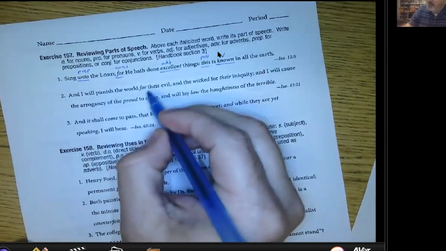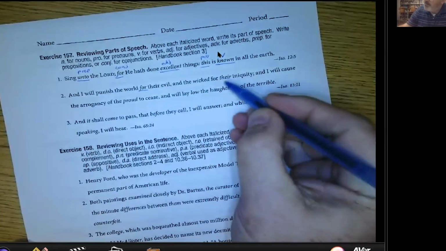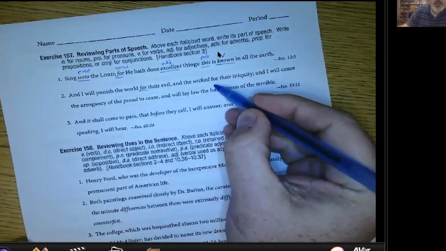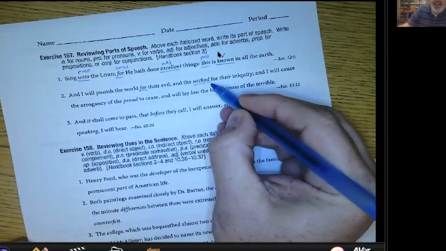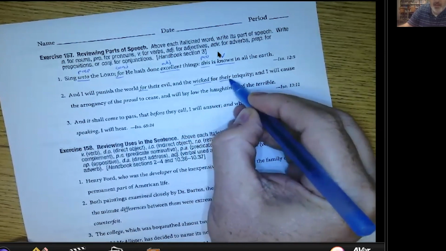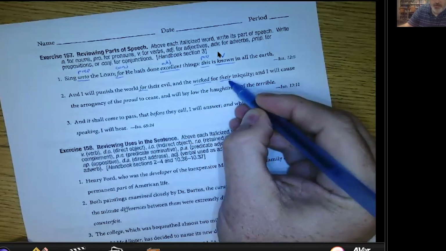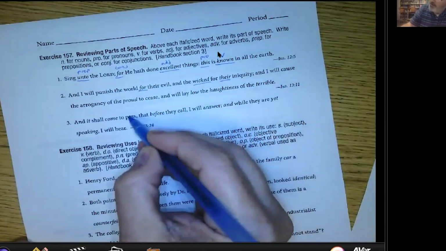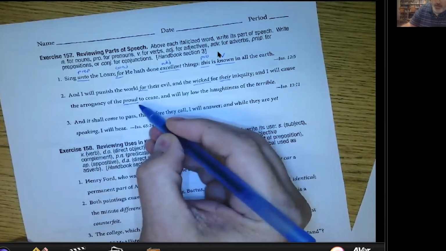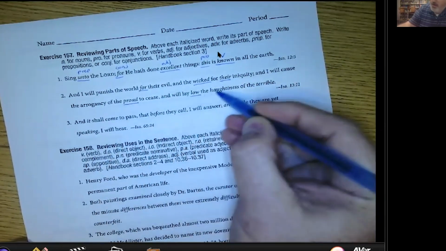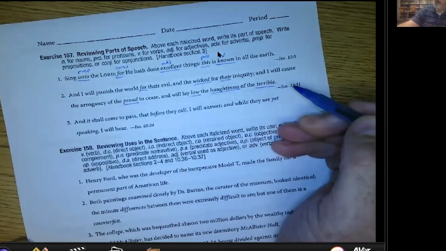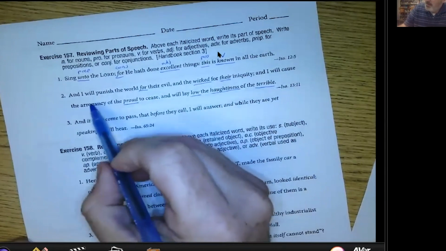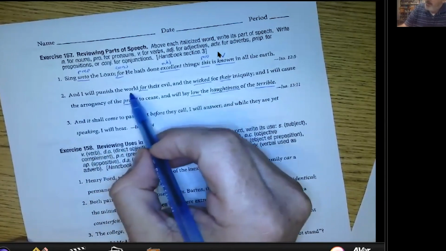Let's underline these. So, I will punish the world for their evil. It's easier if I look at the screen. Looks like wicked and there. I will cause the arrogancy of the proud, low, haughtiness, and terrible. Okay, so, I will punish the world for their evil.